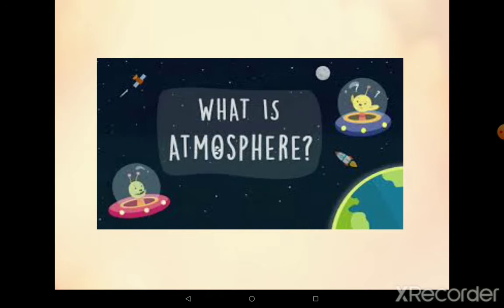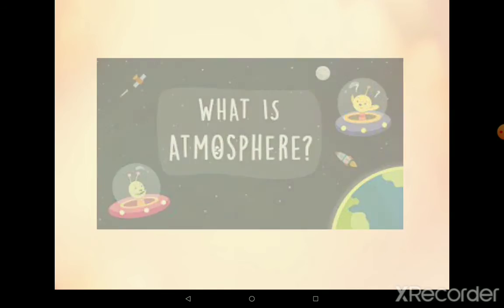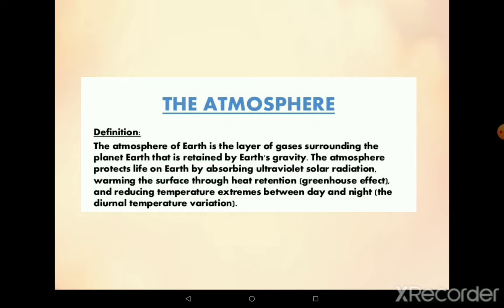Let's learn about the next realm of the earth, that is the atmosphere. The atmosphere of the earth is the layer of gas surrounding the planet earth, retained by earth's gravity.